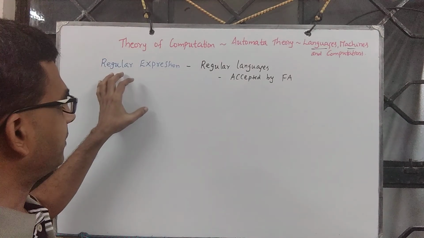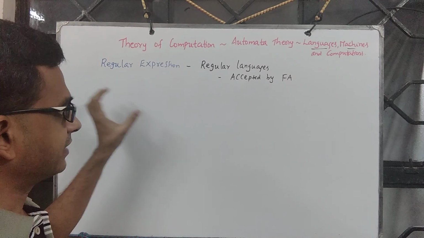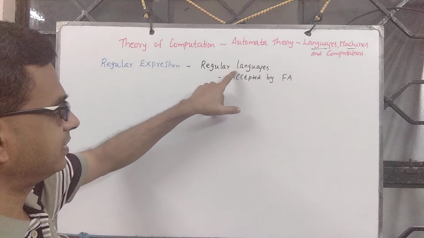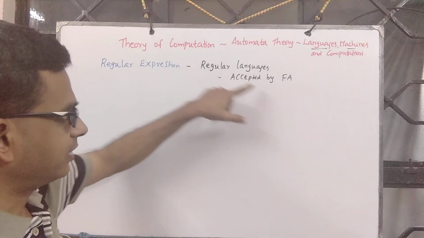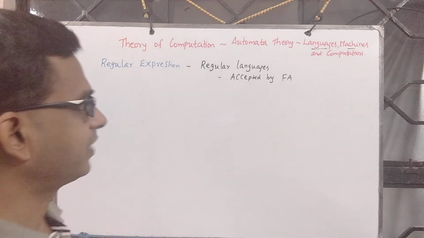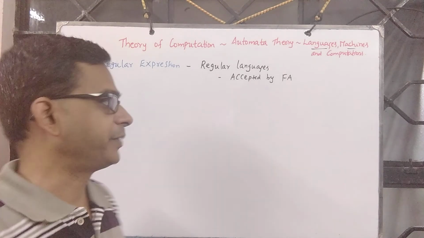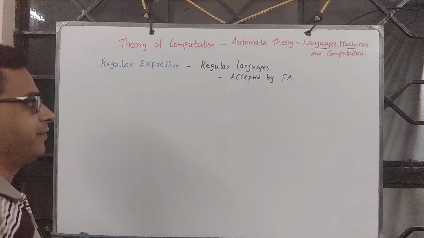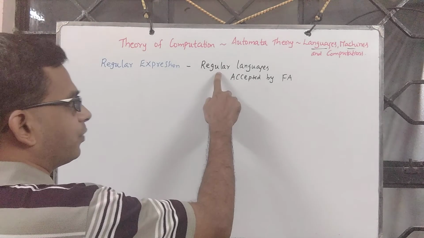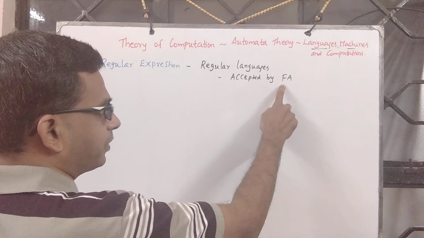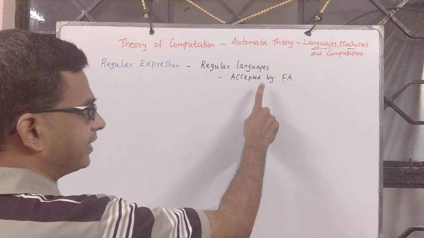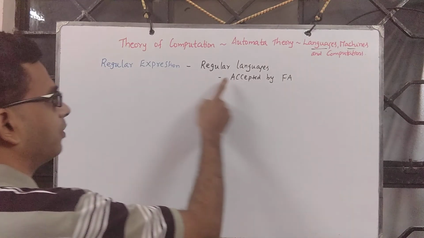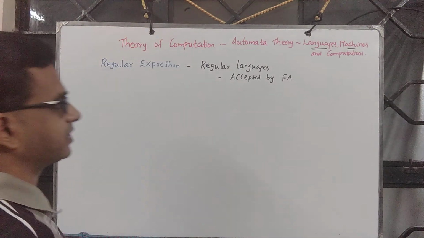Since we are able to come up with a regular expression, a succinct way of representing this set, it gets the name regular language, and it is also related to the class of languages accepted by finite automata. So given a regular language, one can realize a finite automaton with epsilon moves. Without epsilon moves, a deterministic finite automaton, one can also come up with a regular expression for the same.